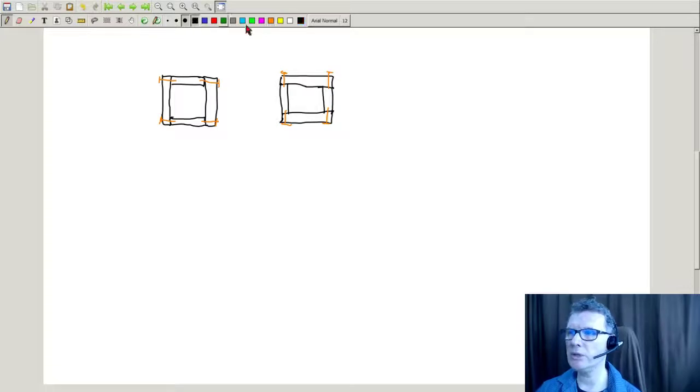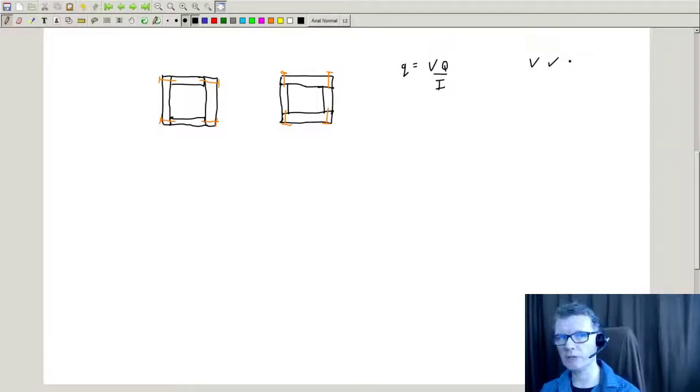So how do we use the equation of our shear flow in this particular case? So we know the V, that's fine. That's going to come from maybe the question, from our calculations for the bending moment of the beam, whatever. Cross section of I, that's fine, we know that. But what about the Q?